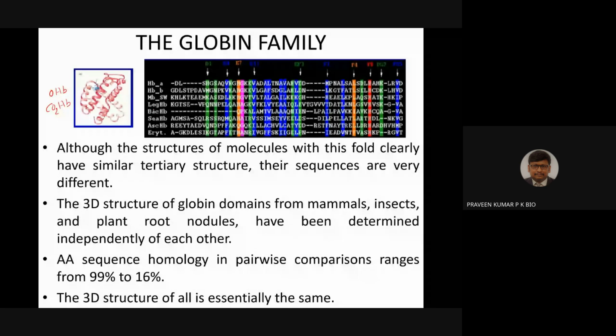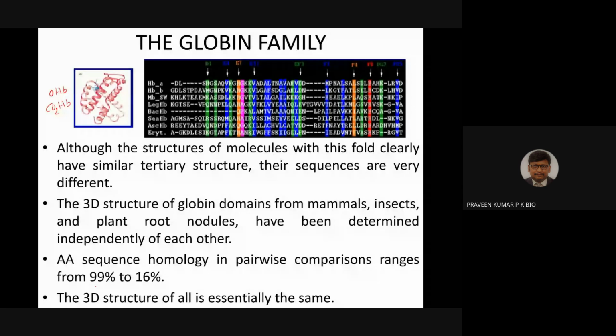If you compare the human hemoglobin blood protein with the chickpea protein, not chicken pea, chickpea protein, does the protein look similar? No, isn't it? Even in the sequences you see wide variations. But structure-wise, because we have a globin fold, the structure is similar. This is how we can understand.